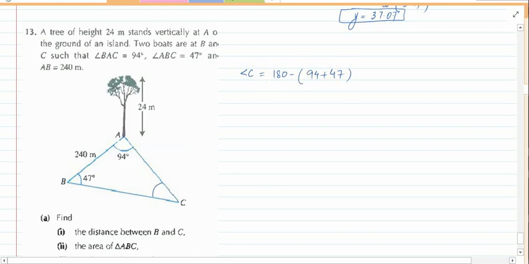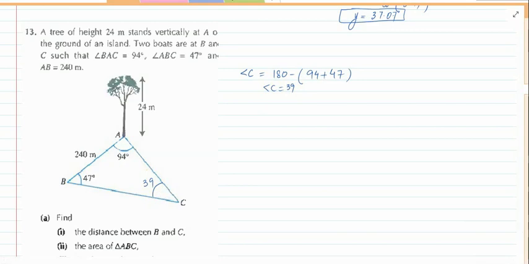So 94 plus 47 and subtract from 180, it's 39. So that means angle C is 39. To apply law of sine, a side and its angle must be known, so you can apply law of sine, else you will be stuck.